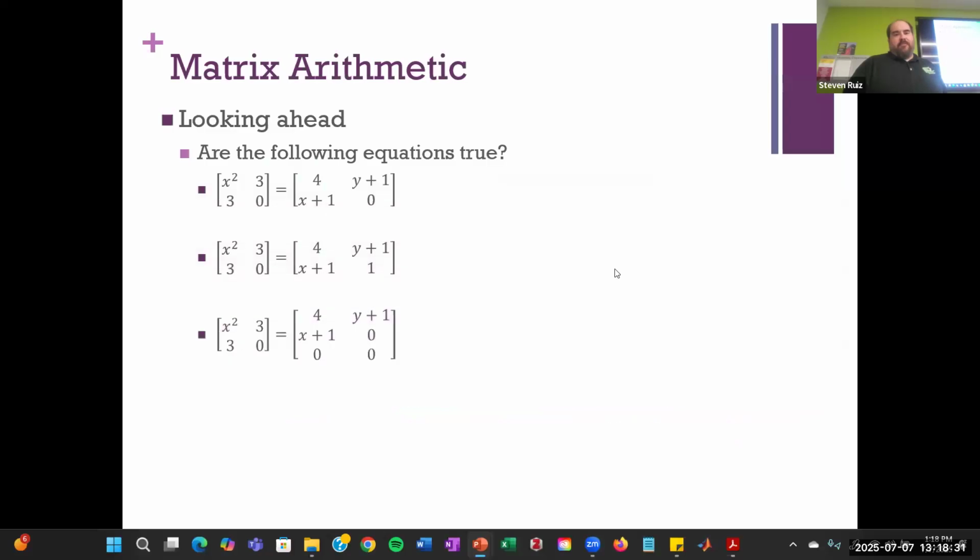But let's talk about some things first. Are these equations true? Let's just stick with the top one. Is that top equation true? Or do you need more information?